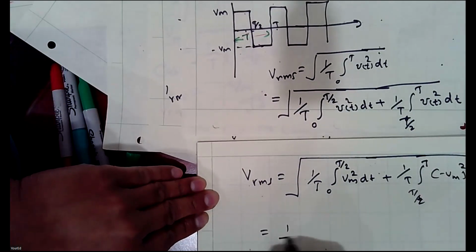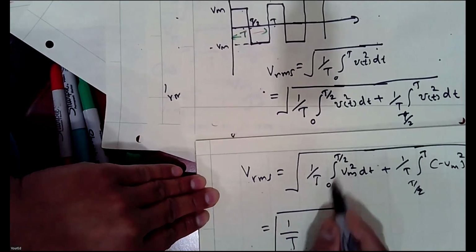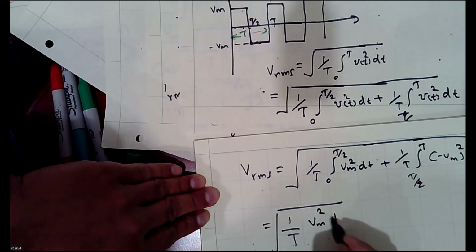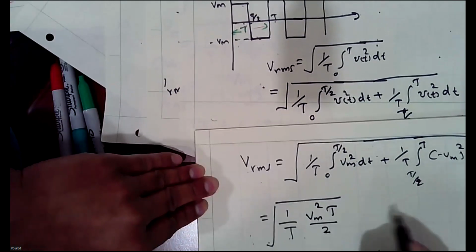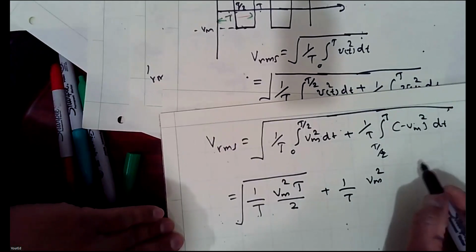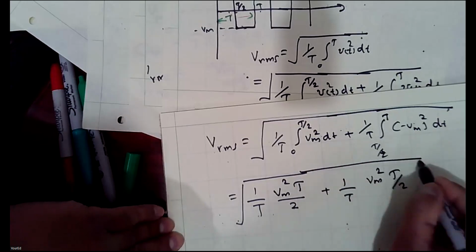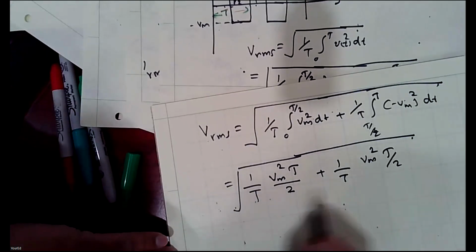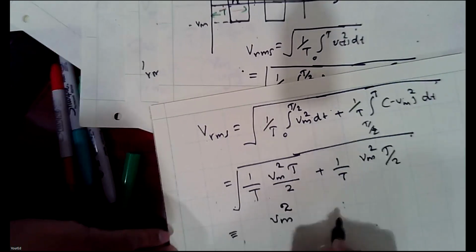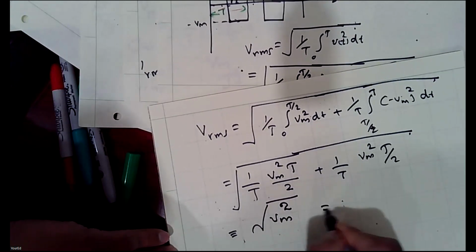So what do I get here? 1 over T, Vm squared T by 2. And what do I get here? 1 over T, Vm squared T by 2. So when I simplify this, I get the square root of Vm squared, which is Vm.